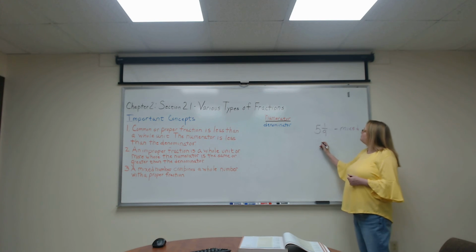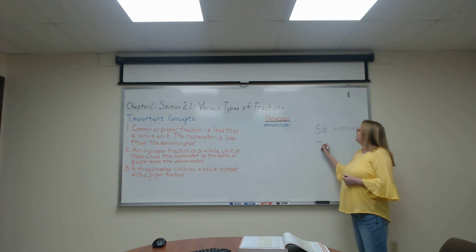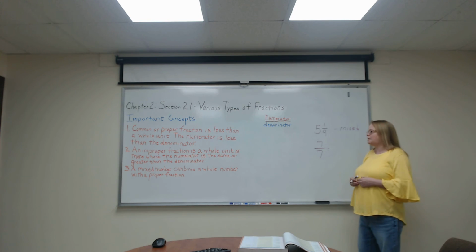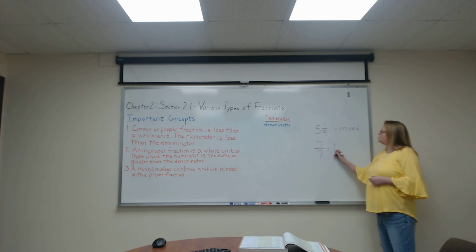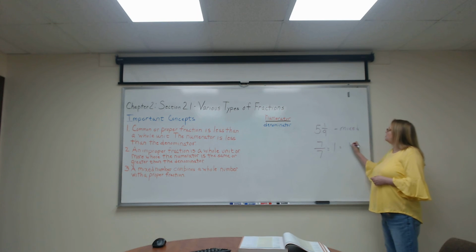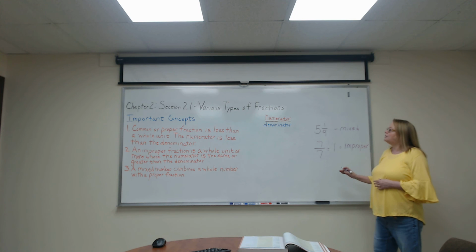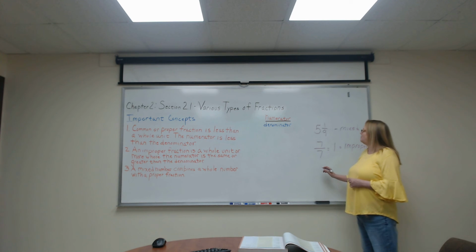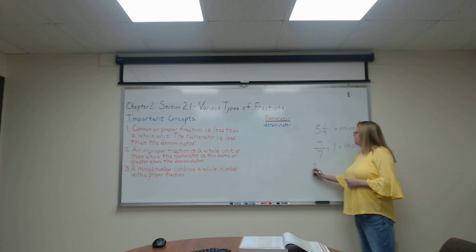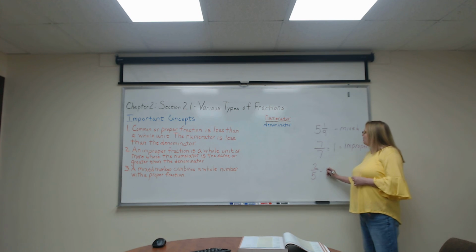If I gave you something that looks like 7/7, what type of fraction is that? Well, we know it equals 1, and we also know that it is an improper fraction. And then last but never least, we should be able to notice that when we have something that looks like this, it's what we call a proper fraction.